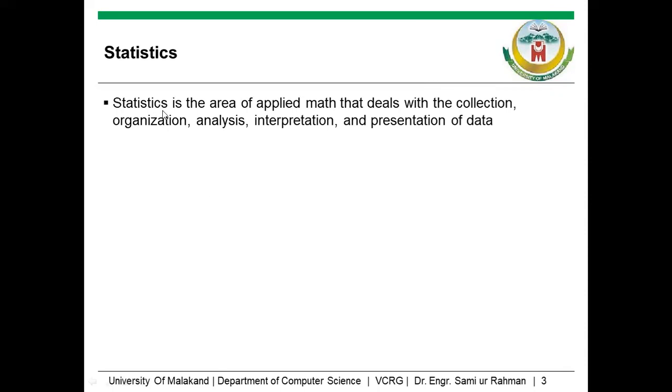Okay, so first we will talk about statistics. What is statistics? Statistics is the area of applied mathematics that deals with the collection, organization, analysis, interpretation, and presentation of data. So statistics is related to data and the collection and organization and analysis and interpretation as well as presentation of data.